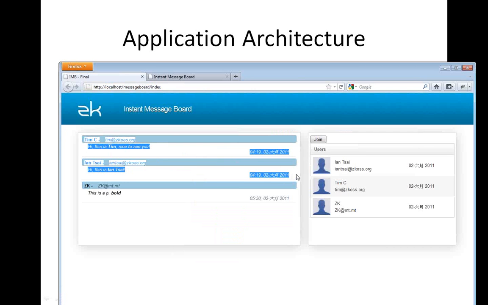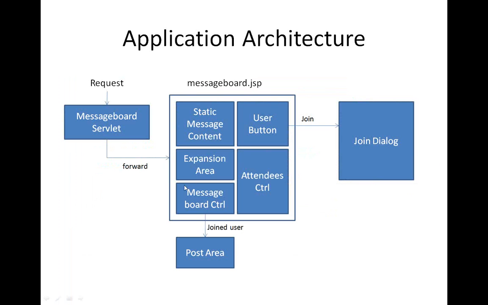This is our static message content, and this is the expansion area. The expansion area is just below the static message content, and they use the same CSS settings, so they look extremely the same. Actually, they are the same.